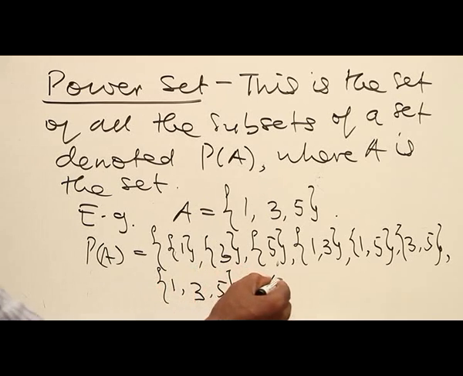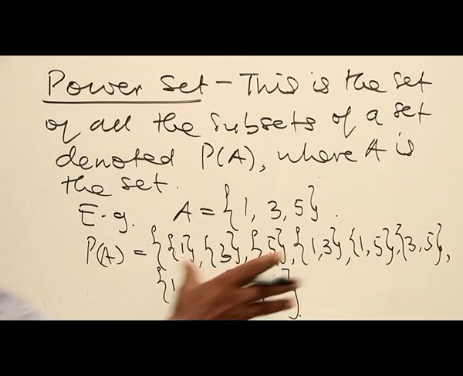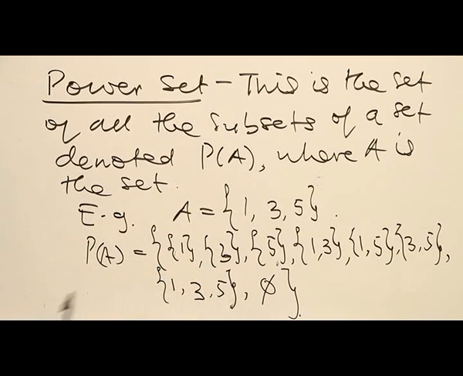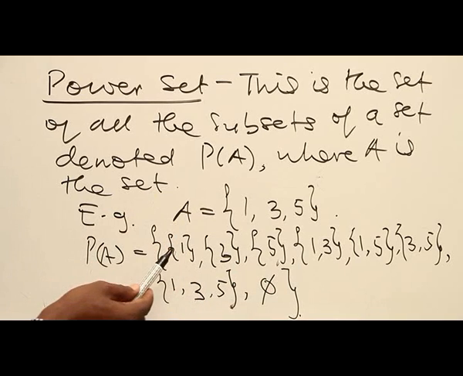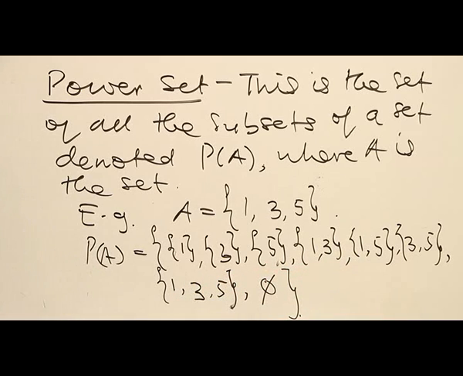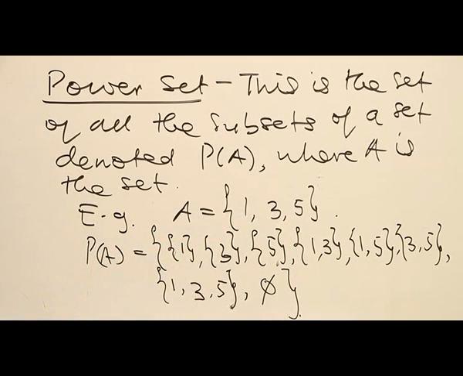So we close the curly bracket, enclosing all the subsets of the set A. So these are the power set of the set A. You now discover that we have 1, 2, 3, 4, 5, 6, 7, 8. So there are 8 subsets of the set A containing 3 elements.